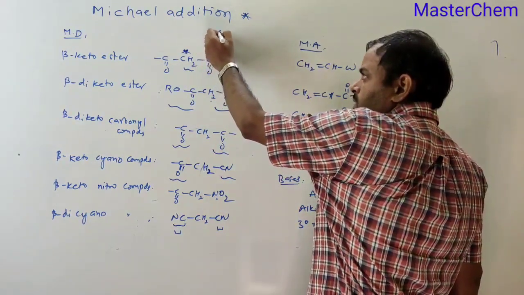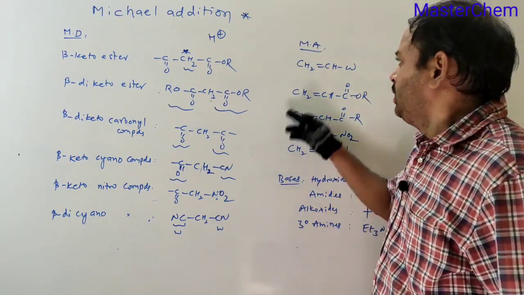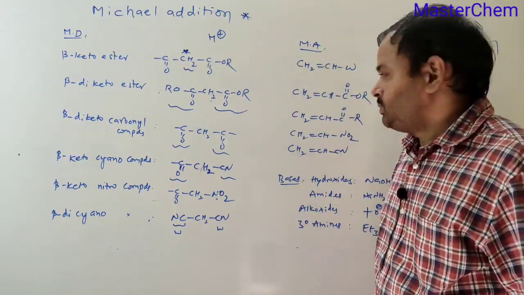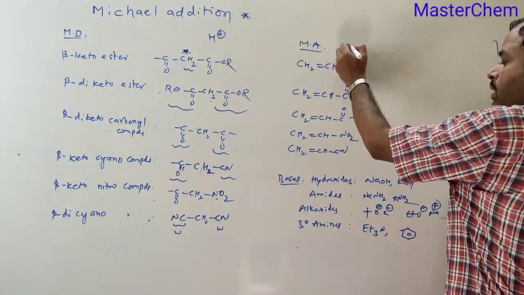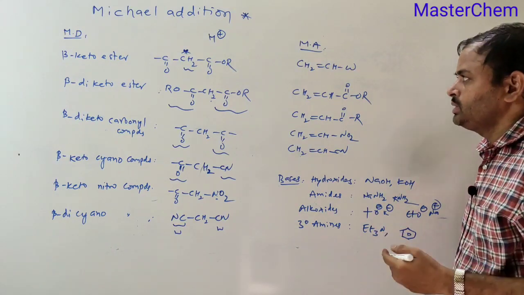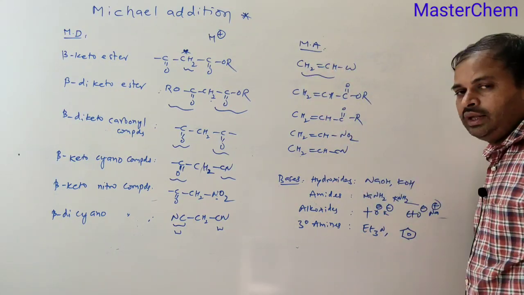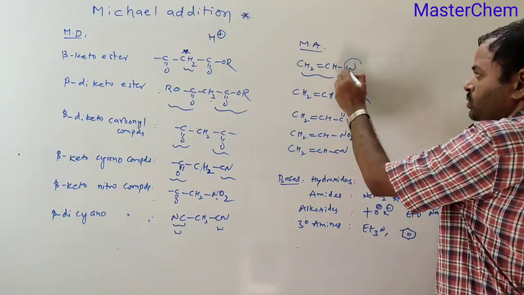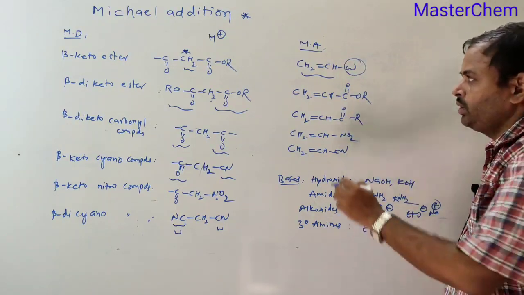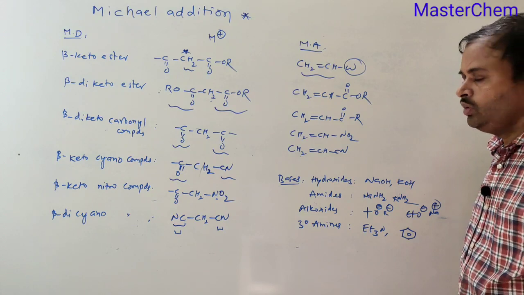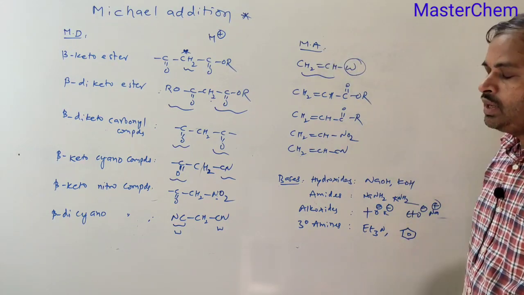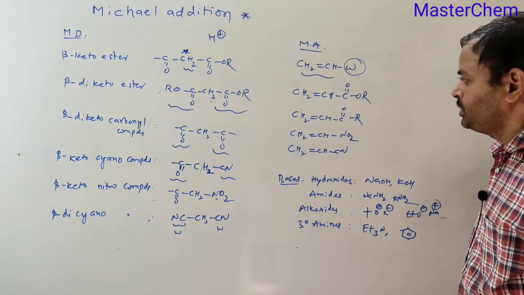As we have discussed, they donate proton to Michael acceptor. What is Michael acceptor? An olefinic linkage attached to withdrawing group is called activated olefin, so it acts as Michael acceptor in Michael addition reaction.